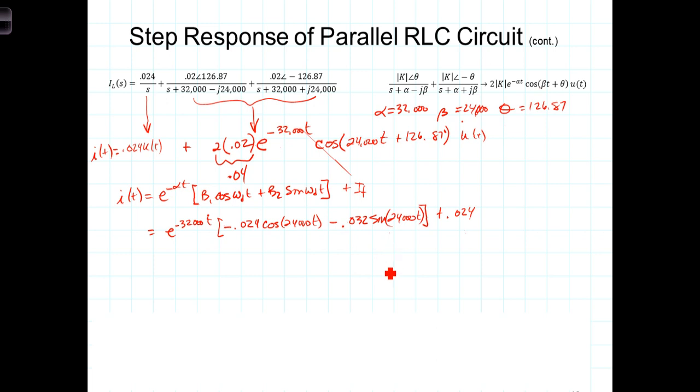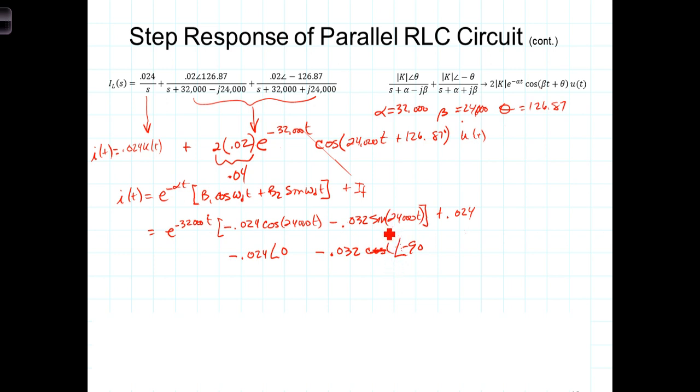This term right here would be negative 0.024 angle 0. And this term here would be minus 0.032. Now the sine we change to the cosine. It would be minus 0.032 angle negative 90, converting the sine to the cosine term and writing it in its polar form.